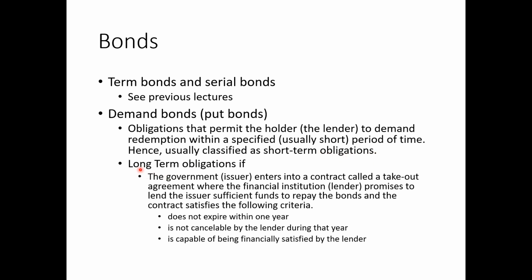But there are some exceptions. Demand bonds could be reported as long-term liabilities if the government enters into a contract called a takeout agreement with a financial institution.